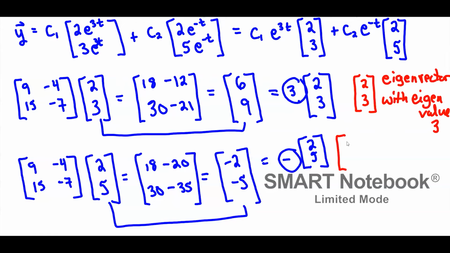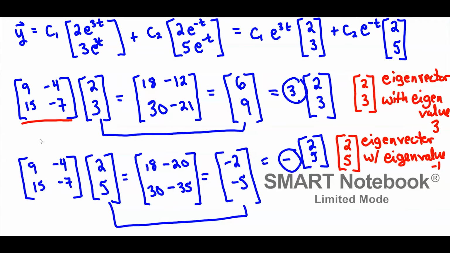And the vector 2, 5 is also an eigenvector with eigenvalue negative 1. So if we didn't know that these were solutions and we wanted to figure out what the solutions were, where we're going to start is we're going to take this coefficient matrix and find the eigenvalues and the eigenvectors, and that's going to tell us everything we need to know to get the solution to the system of equations.